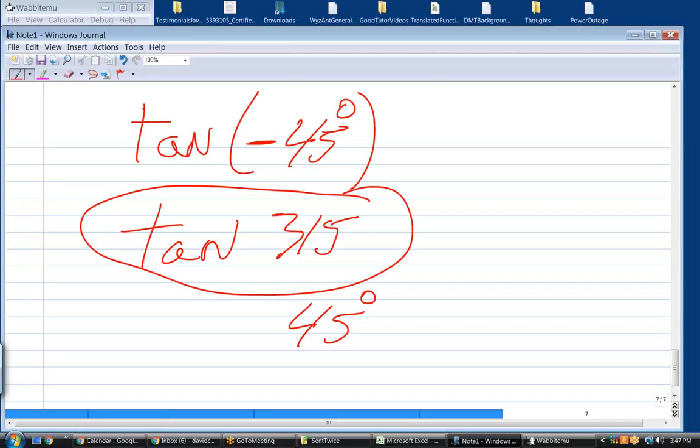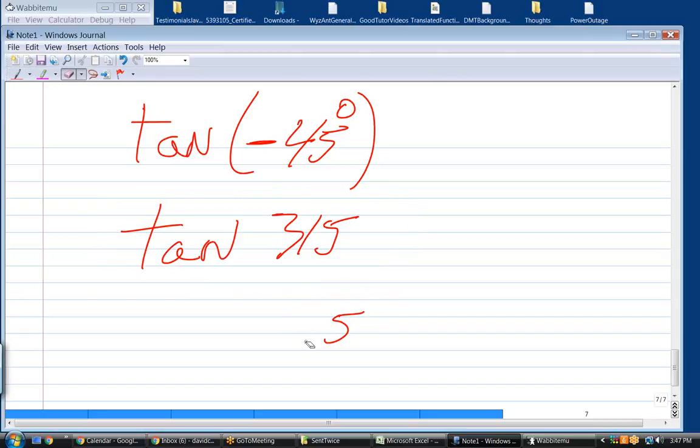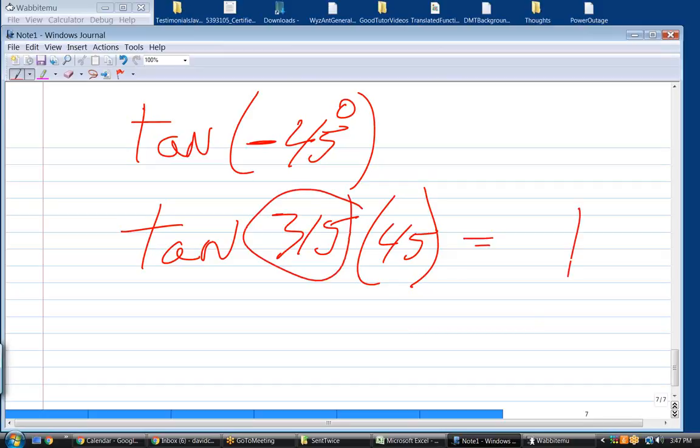Once I get this, now I have to find the reference angle, which is 45 degrees, and then figure out the tangent of 45 degrees. Know that I'm in the 4th quadrant, so it's going to be negative. Well, the tangent of 45 degrees is 1. That says 4th quadrant, so it's negative 1.